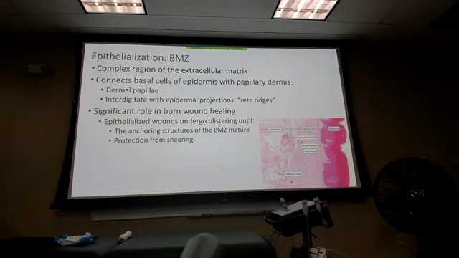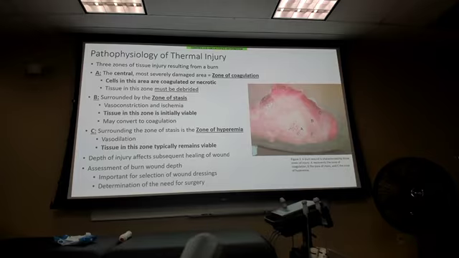There are 3 zones of tissue injury: the zone of coagulation, the zone of stasis, and the zone of hyperemia. So ABC, they're all labeled so you know exactly which one's which.